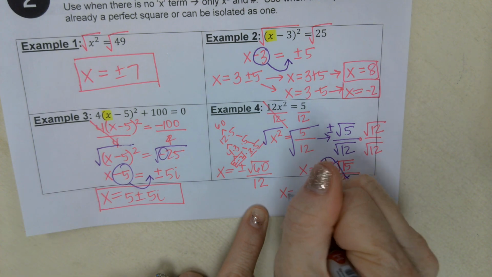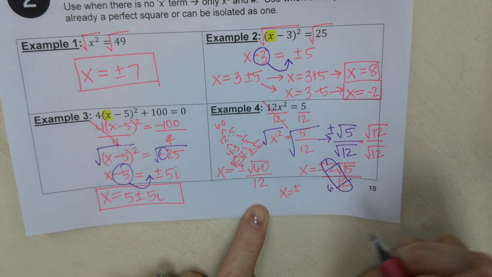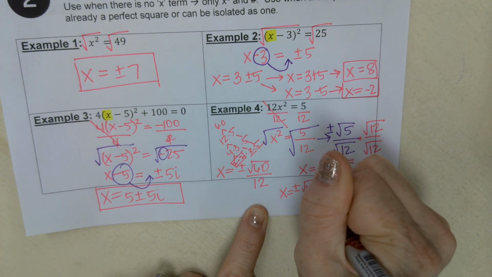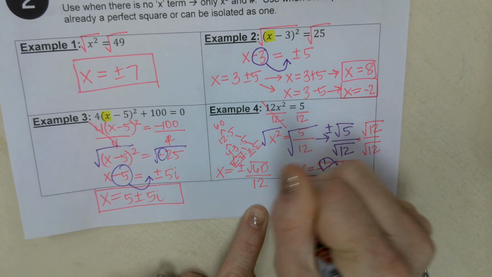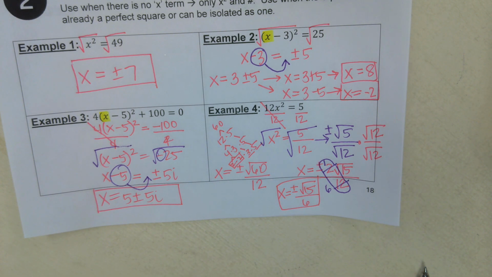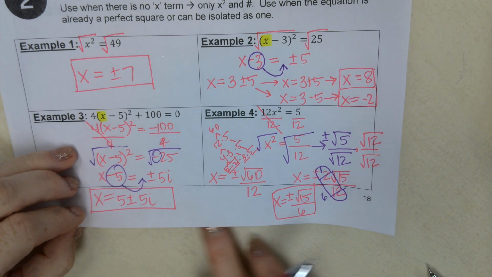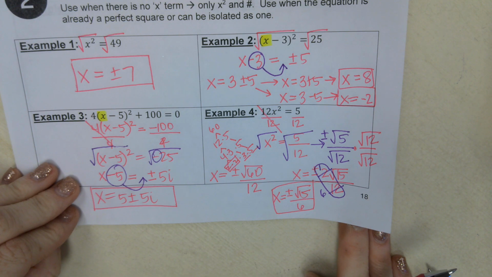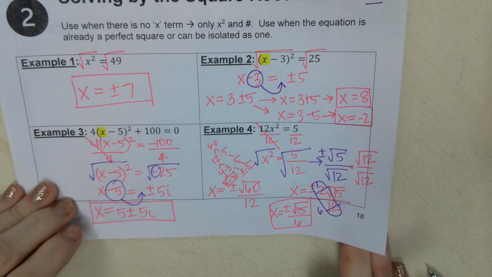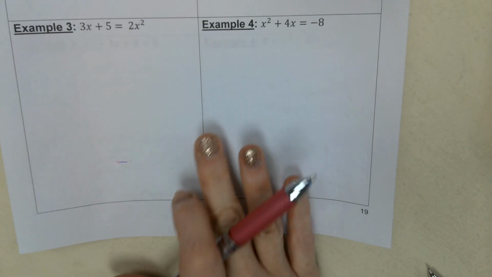So final simplified answer, plus or minus square root 15 over 6. Now make sure that you use these as reference, okay? As you're going through and you're doing your practices. I tried to model the problems that you'll see here in your packet.